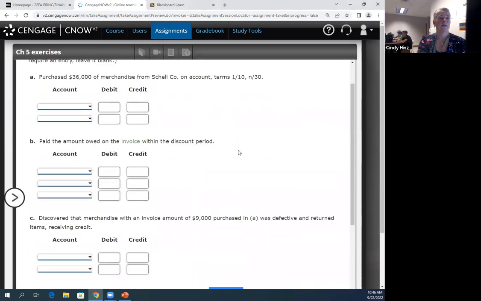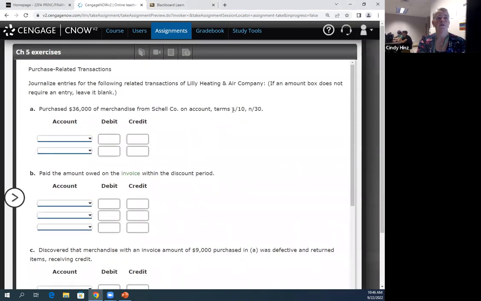So up here in letter A, the first invoice, the terms were 1/10 net 30. And so the 1 means 1%. Sometimes you might read this 1% 10 net 30. And that means that if we pay the invoice in 10 days, we can take a 1% discount. And that's what we did. We paid it within 10 days.